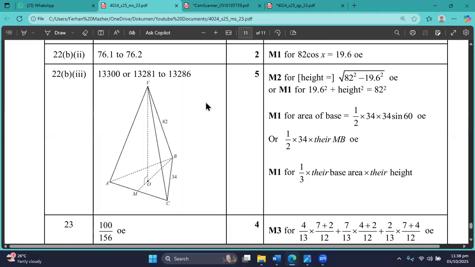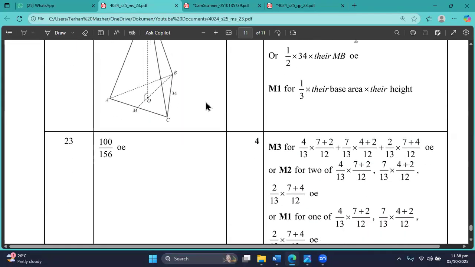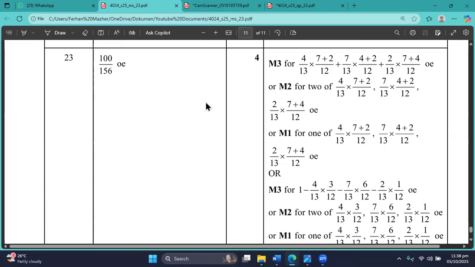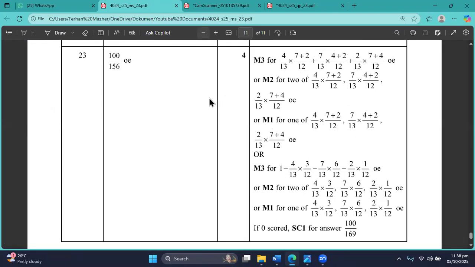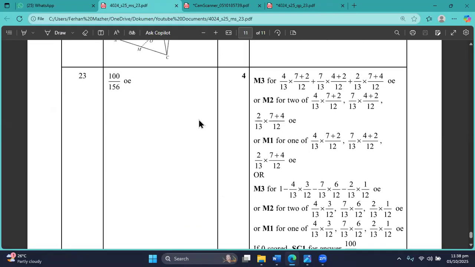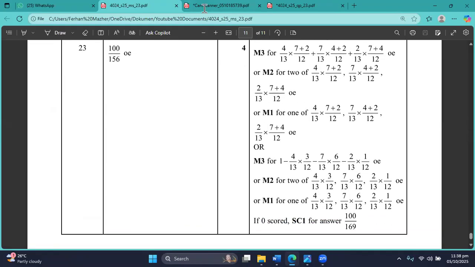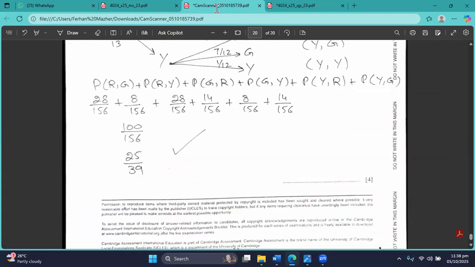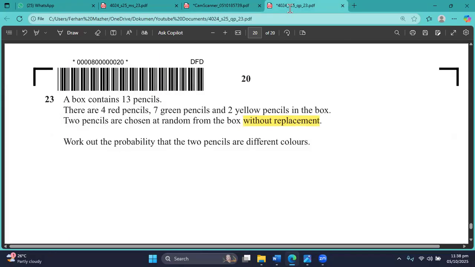So my answer is 100 by 156. This is question number 23. Our answer is also the same, 100 by 156. So our answer is same.